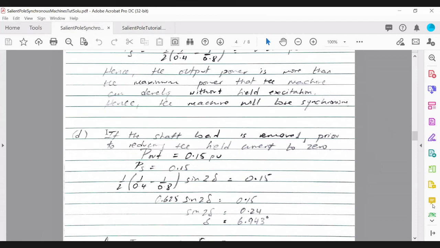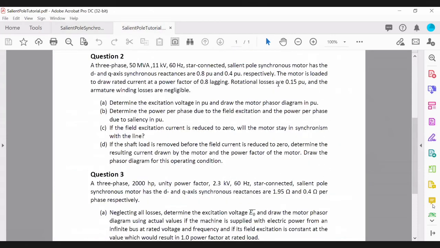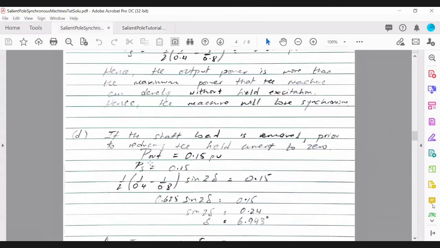If the shaft load is removed prior to reducing the field current to zero, your output power will be only supplying just the rotational losses in the system, right? So you can see there, I've equated output power to be equal to this rotational loss, which is 0.15 per unit, right?